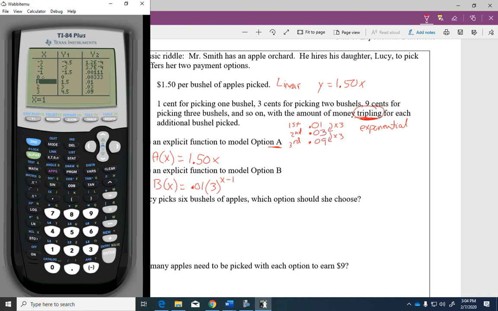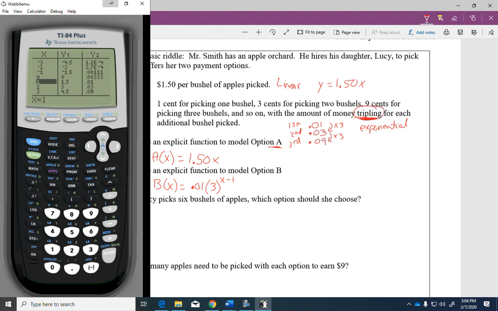So option A, if I pick 1 bushel, I get $1.50. 2 bushels brings it up to 3. 3 bushels, $4.50. Yep, that's what the wording says. And for option B, I get 1 cent, 3 cent, 9 cent. Good. So I wrote my equations just right.